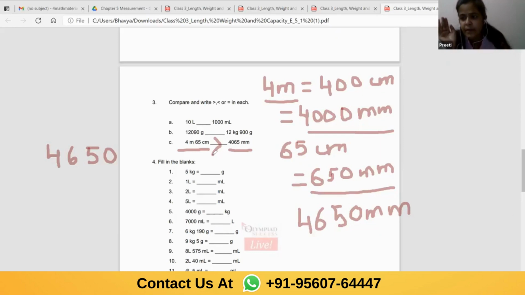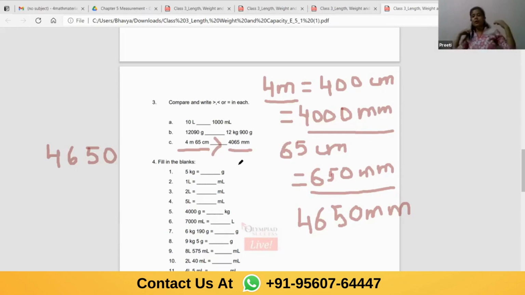Yes, ma'am. Yes, Alarika. How to know from which number we have to multiply or divide, 100, 1000? I am asking you to make a table, Alarika, from last class. That is why I am telling you conversions. Is there a trick, or we have to memorize it? When you practice many questions on this, the conversion table is what you'll have to memorize.